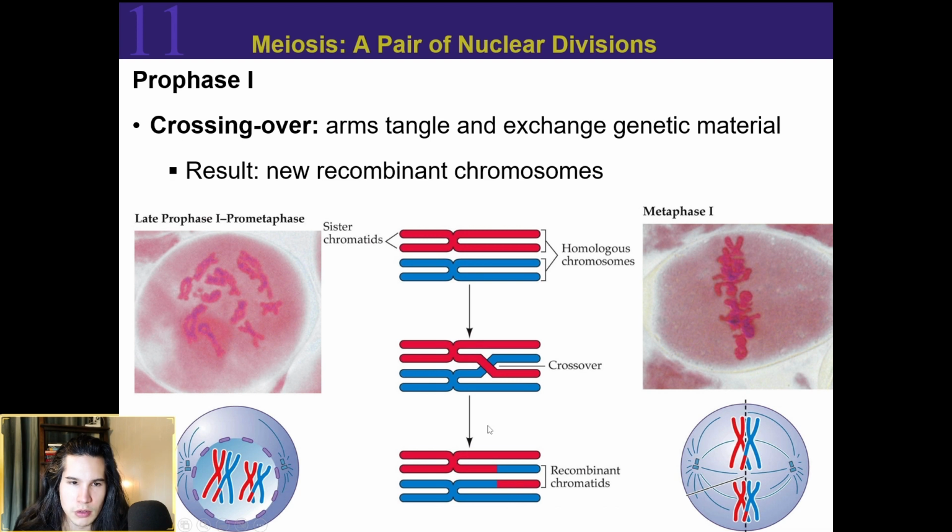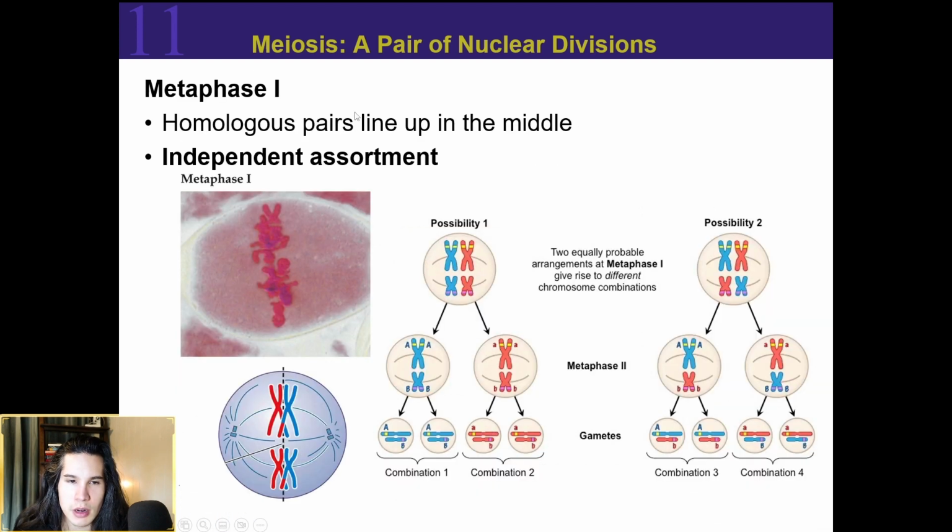So that's still prophase 1. Now moving to metaphase 1, during metaphase 1 you're going to have another mechanism that contributes to genetic diversity. Your homologous pairs are going to line up down the middle. If you remember, during metaphase of mitosis, all of your chromosomes line up single file down the middle.